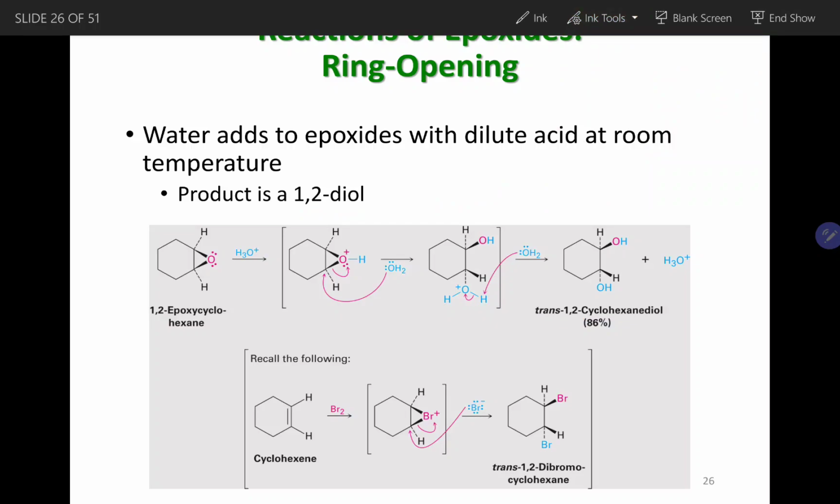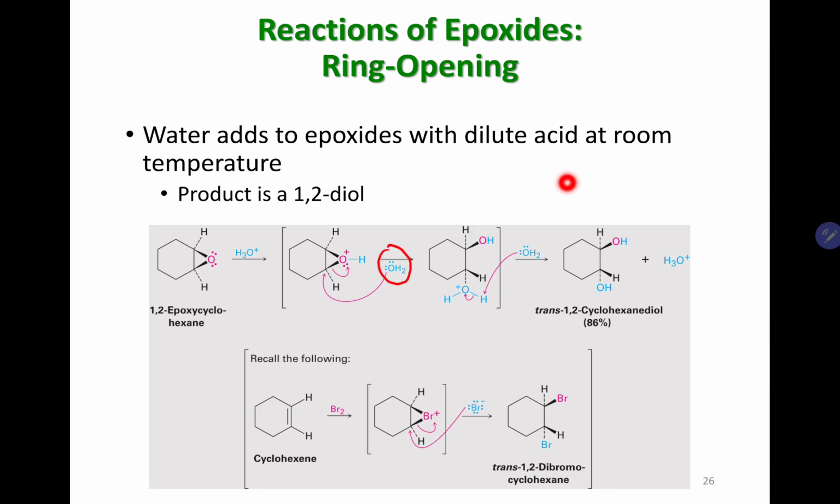Once the epoxide oxygen is protonated, it resembles the bromonium ion, and it invites the nucleophiles to attack one of the two carbons that share a ring with oxygen. And usually the nucleophile that you have is water. The only nucleophile you have in this medium is water, and water will attack one carbon on the opposite side.